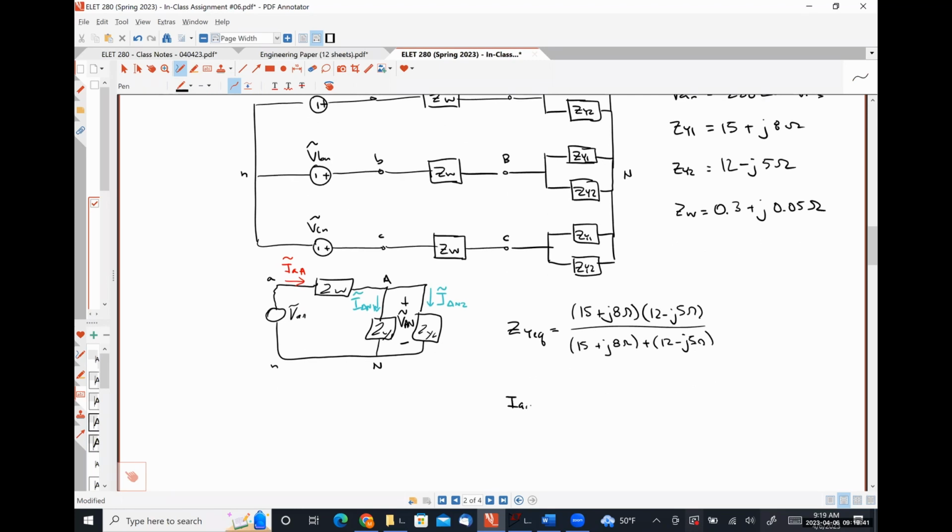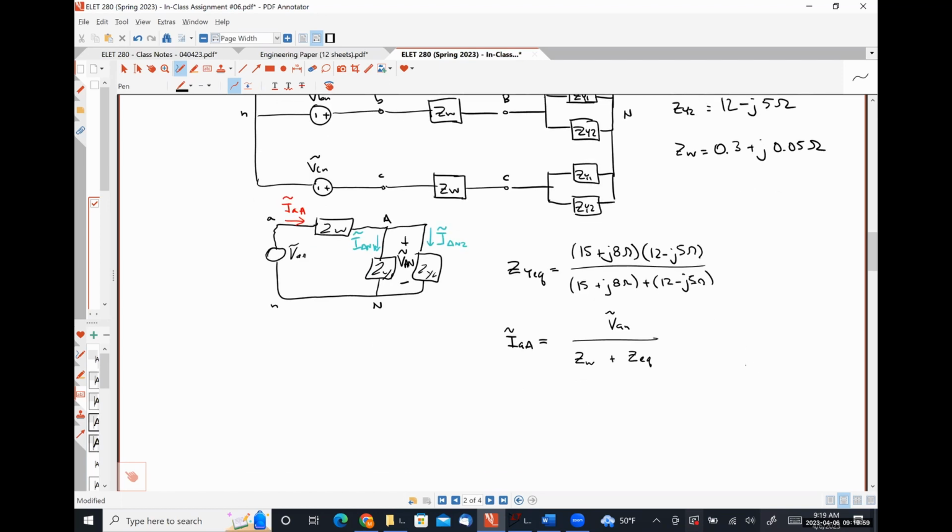So Preston is suggesting that our line current IAA is going to be our voltage VAN divided by ZW plus ZYEQ.